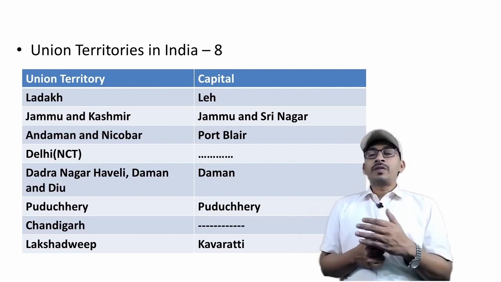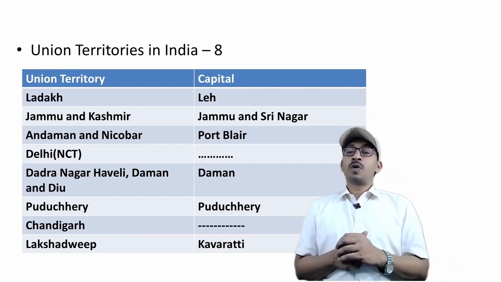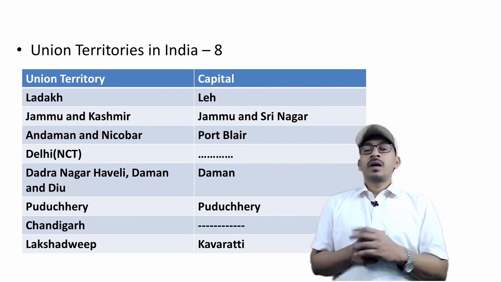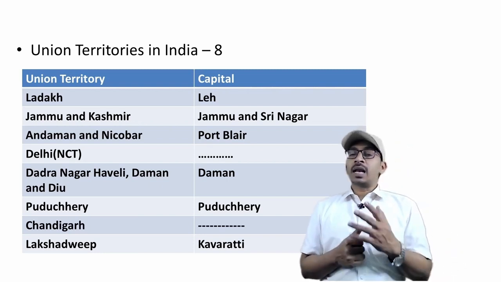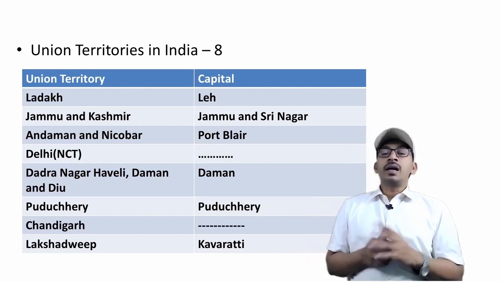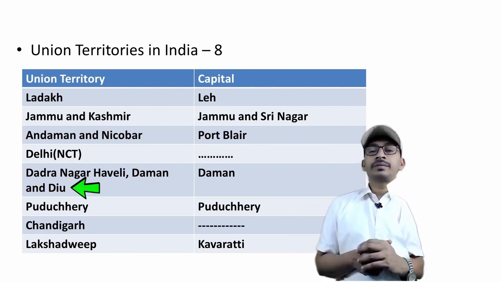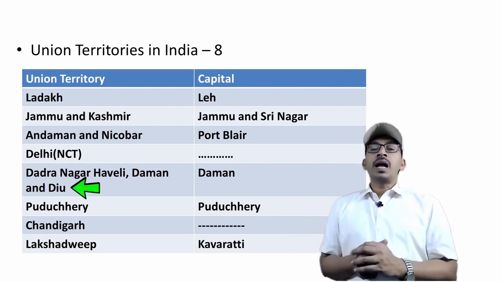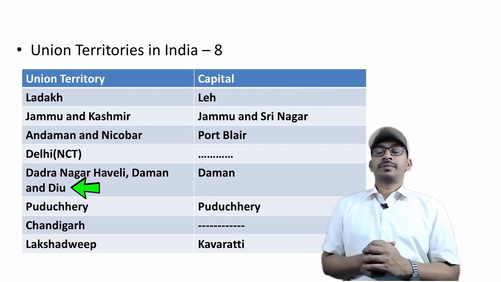Then after these 4, we have 4 more. What are they? We have Pondicherry, we have Andaman Nicobar and Lakshadweep. Previously, Dadra Nagar Haveli and Daman and Diu were 2 separate union territories. They were combined into 1 union territory.